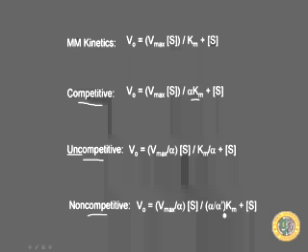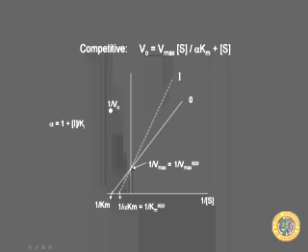So let's look at these types of inhibition illustrated in the Lineweaver-Burk plot. Now you recall that we determine the Michaelis-Menten behavior of enzymes by plotting V0, initial velocity, versus substrate concentration.